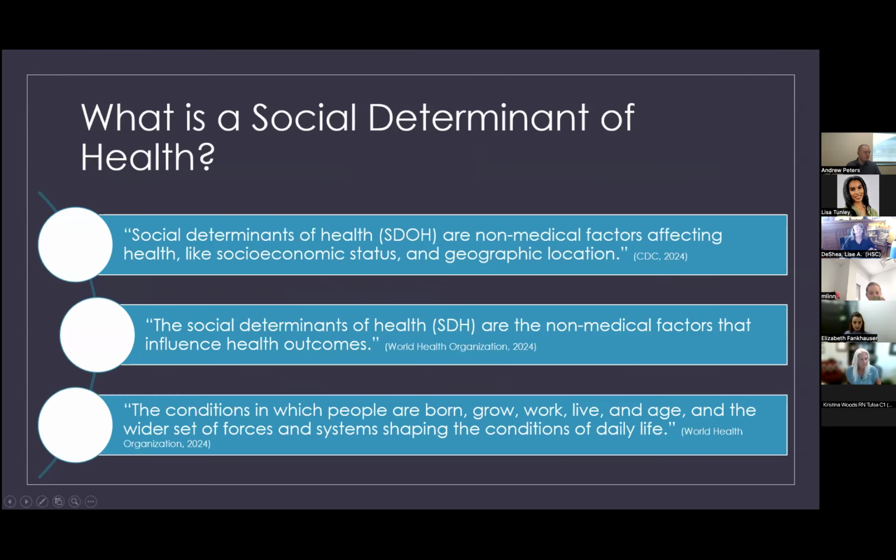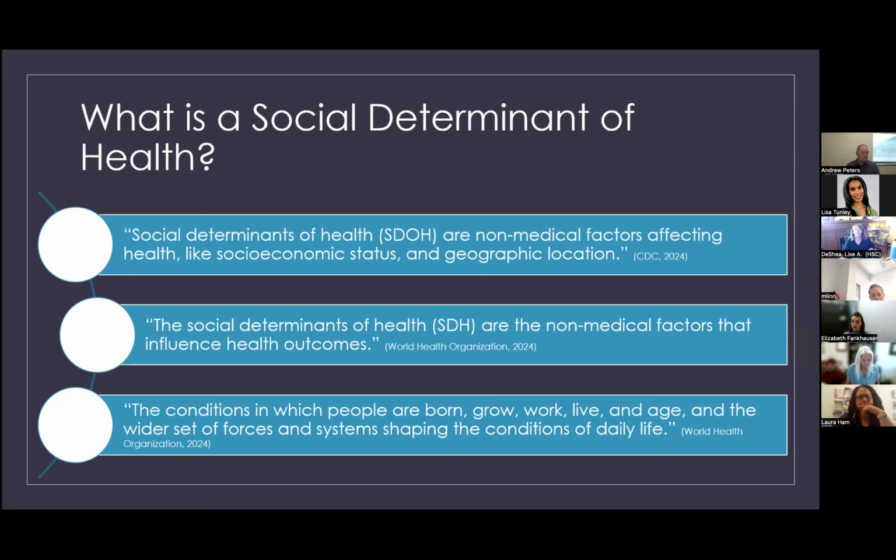So a social determinant of health is defined by both the CDC and the World Health Organization as non-medical factors affecting health. The CDC expands on that a little bit by explaining that social determinants of health are things like socioeconomic status and geographic location.